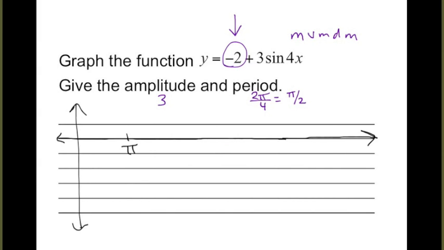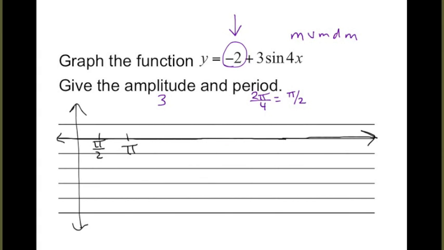And going out to pi is actually far enough, because yesterday we talked about how we wanted to go enough so we could fit in 2 cycles of it, and the period length is pi halves. So going out to pi is actually enough to fit in those 2 pi halves. And this one's going to be really squishy side to side.